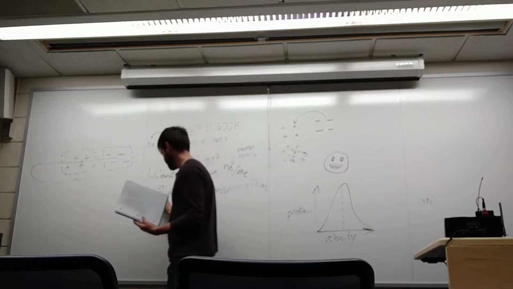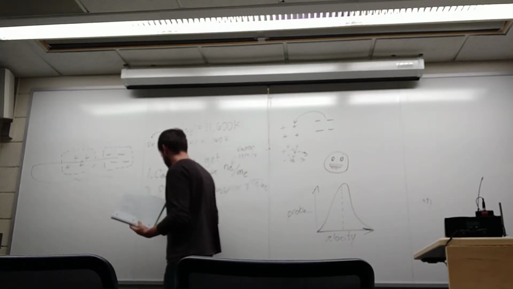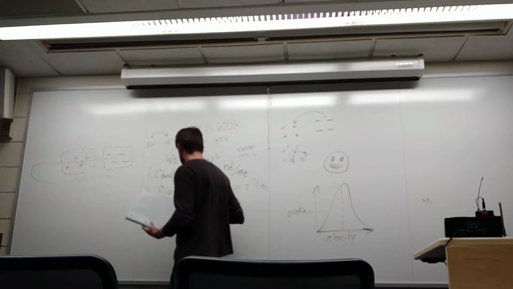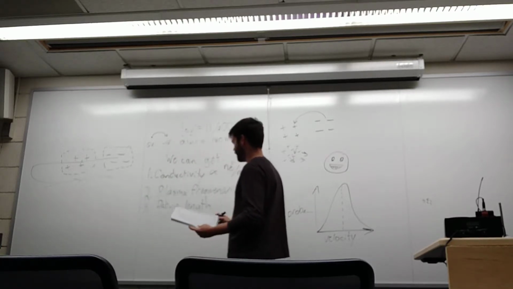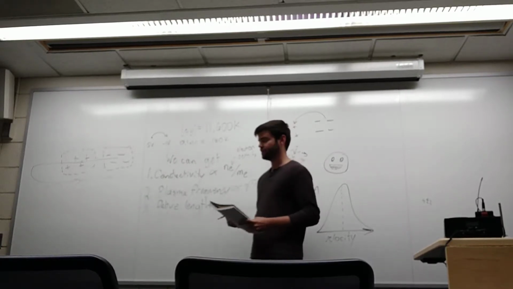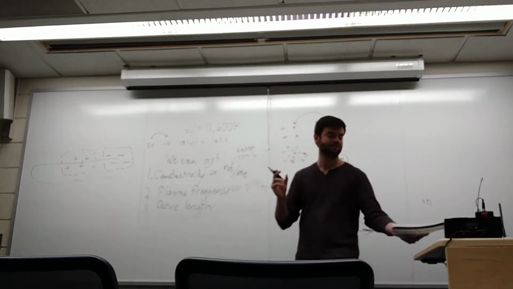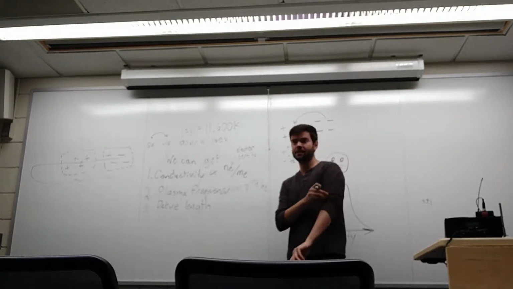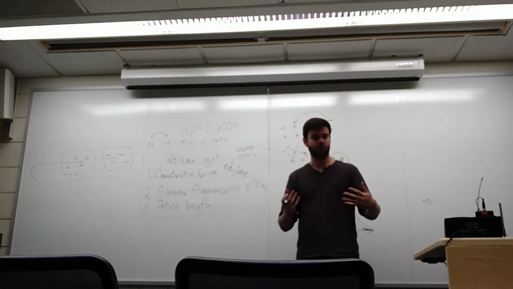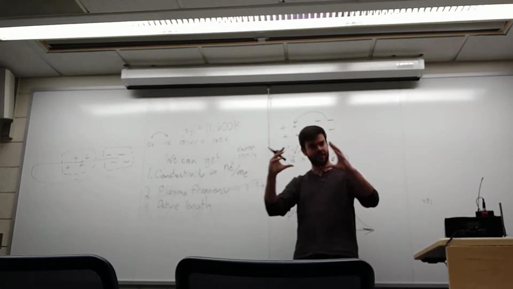Another one is what is called the Debye length. The Debye length is essentially the distance that the plasma can be quasi-neutral, or the distance over which it shields.